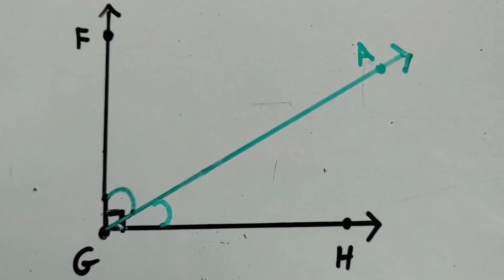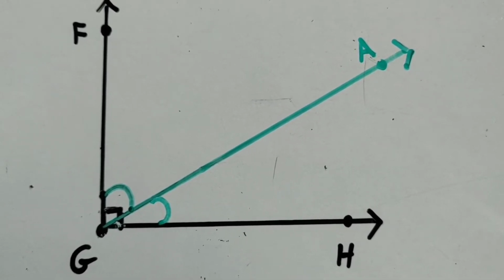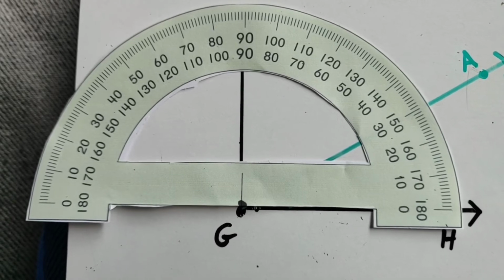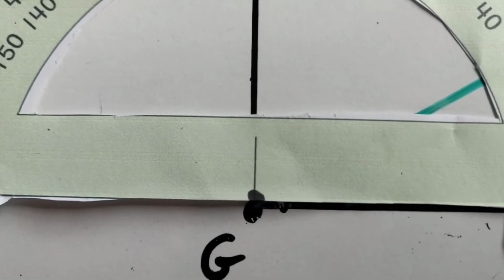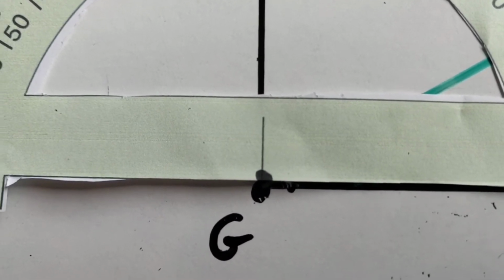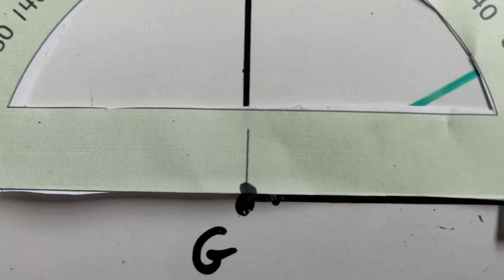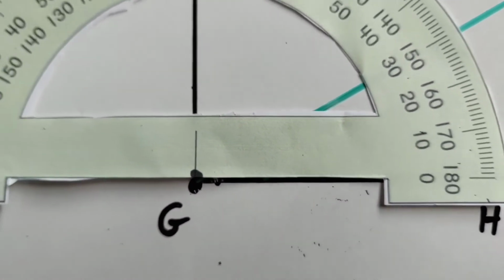So let's measure angle HGA. Notice I took the protractor, and I lined up that bottom point of the protractor with the vertex, point G. Then I lined up the bottom part with the ray GH.